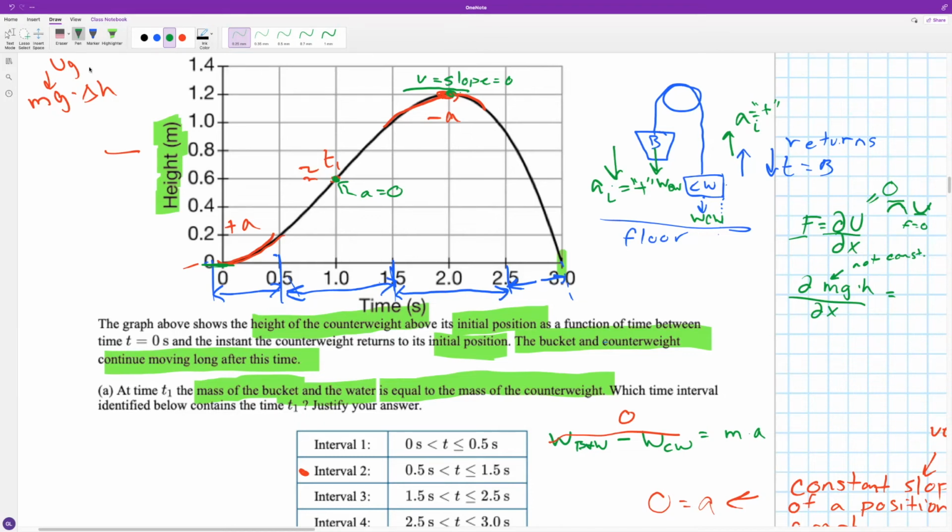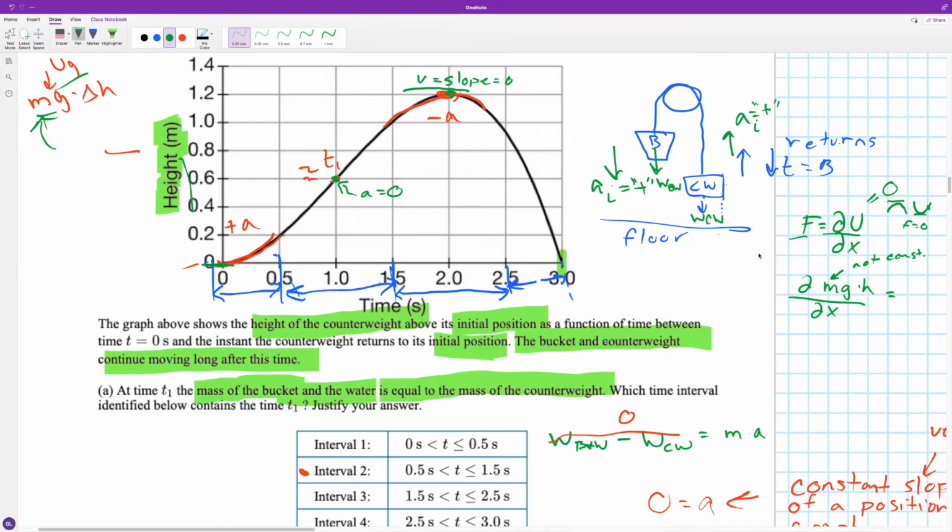So this is where I'm a little cautious with calling this height graph a potential energy graph, because the mass is also changing as time goes on. If we had a constant mass, then I would agree that this height graph is really a potential energy graph, but it's not.